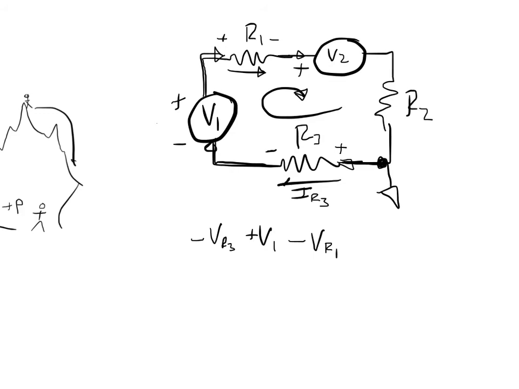Now at this second source, we're going from the positive side of the source to the negative side, so we should be dropping voltage, so it'll be minus V2. And then if current is really going this way, then this side of the resistor has to be a higher voltage than this side, so we're again losing voltage through R2. Now that we're back to our original point, we're going to say that equals 0.